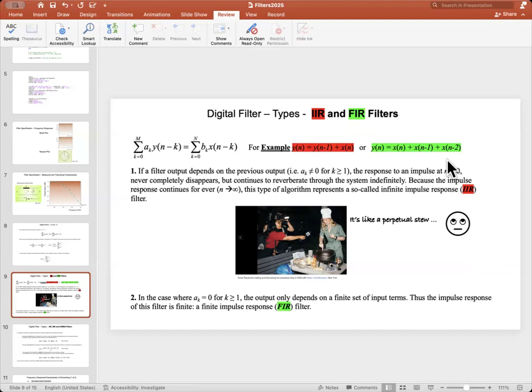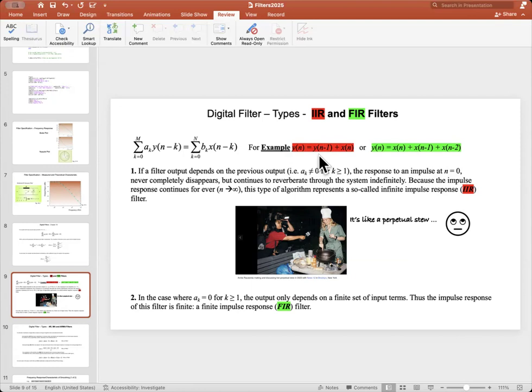What does it mean? IIR means that whenever you give that filter an impulse at its input, its response will continue to infinity. The reason, if you look at the equation of this IIR example, is that the output at time step n is always somewhat dependent on the output at step n minus 1.